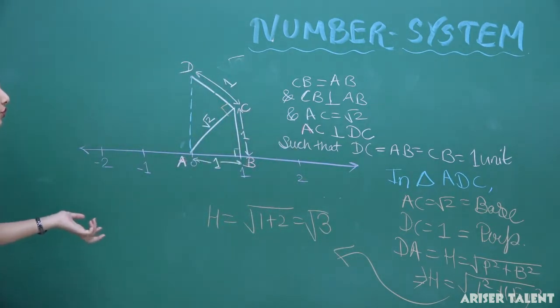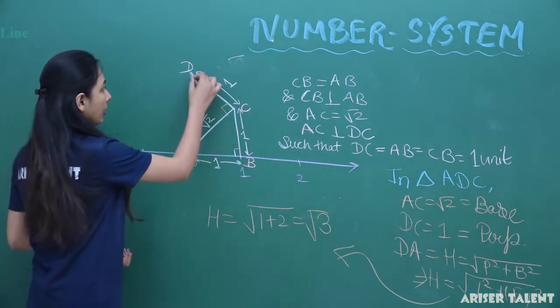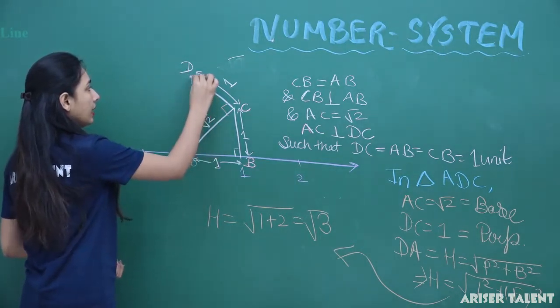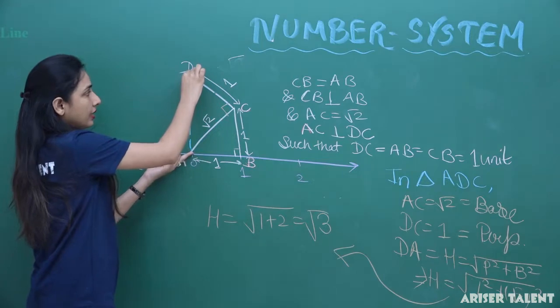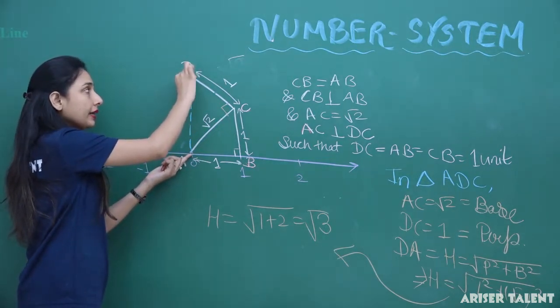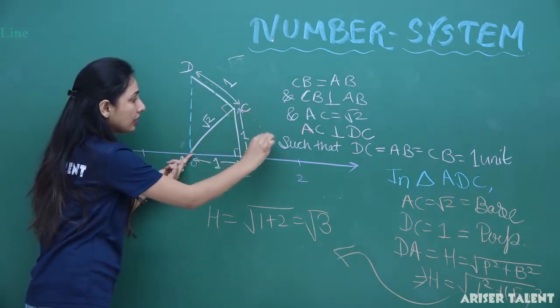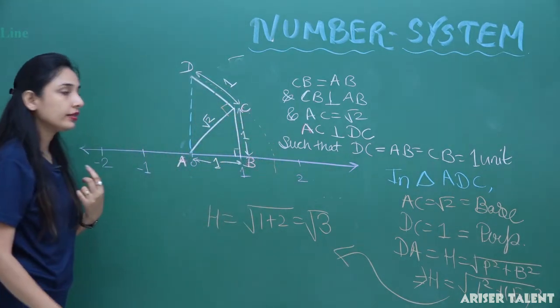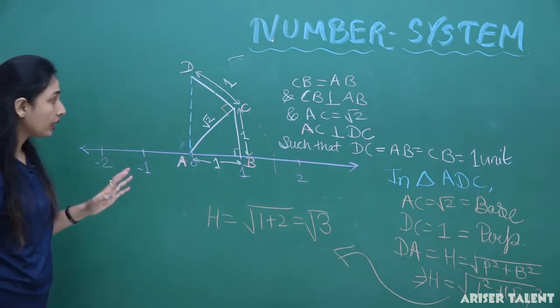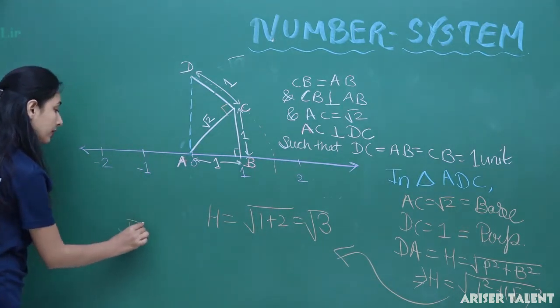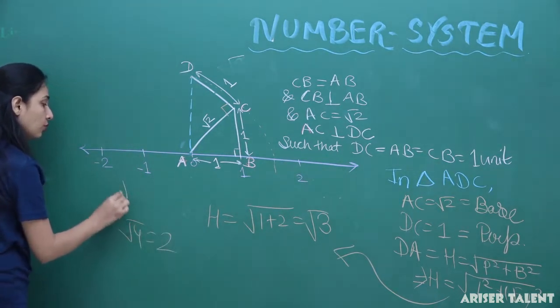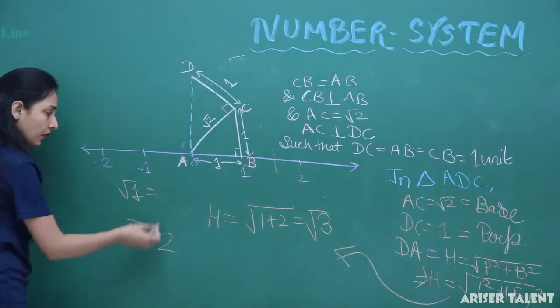Now how will you draw this? You will measure this length DA, and cut an arc of that length here. Now root 4 has its value 2, root 1 has its value 1.